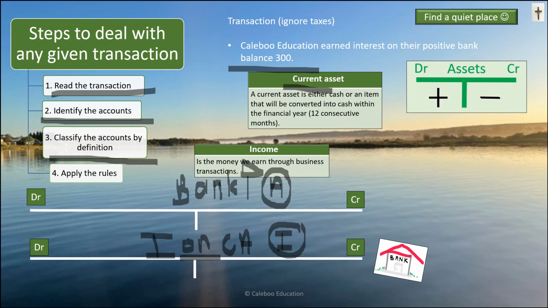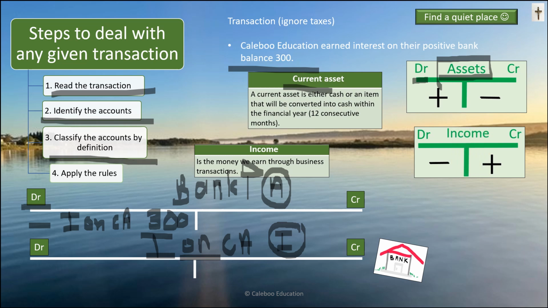Here are rules. Bank is an asset. If it's an increase in the value of the asset, the account must be debited. So bank will have an entry on the debit side of 300. The contra account is interest on current account and the date.